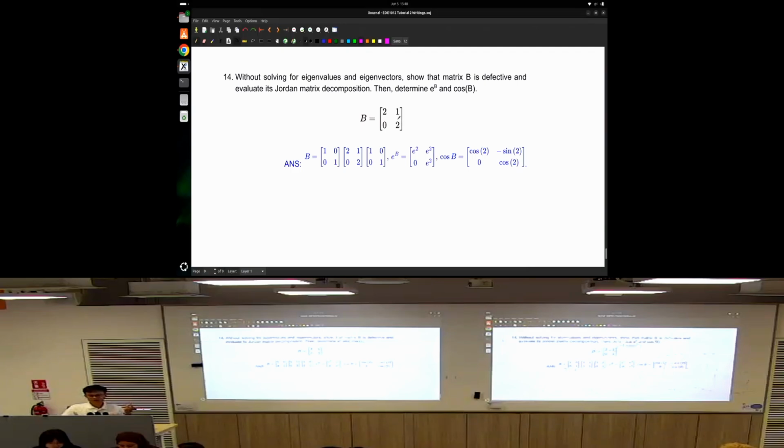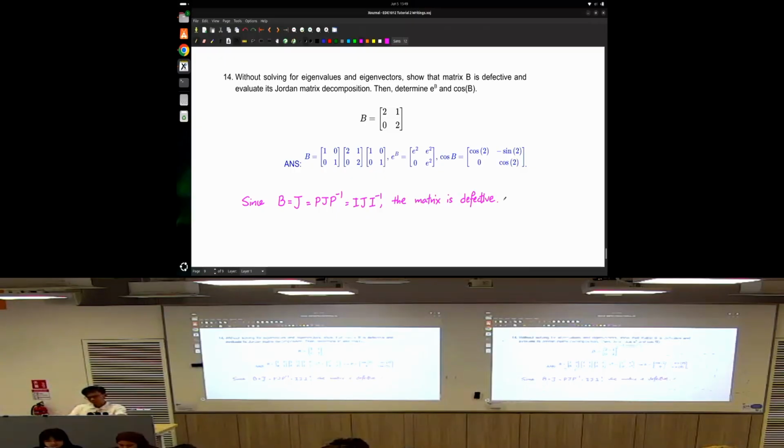J is lambda, lambda, 1, 0, always like that. So since B equals J, it is also equivalent to P J P inverse, where P must be I. Okay? B is defective.